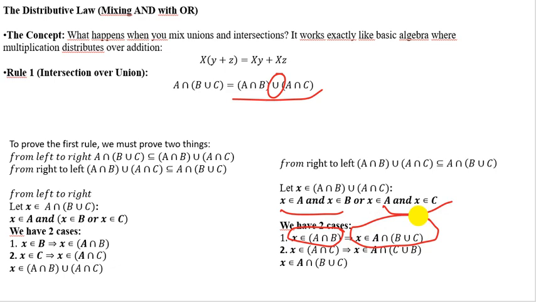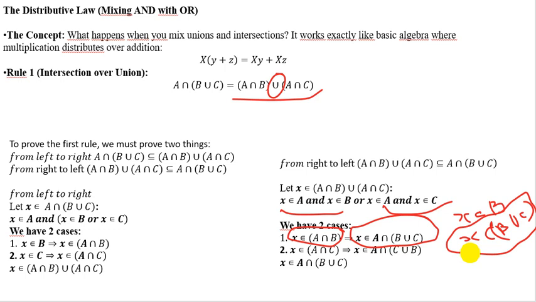Why? Because simply if x is in B, it is also in B ∪ C. If x belongs to B, that means it also belongs to B union any set.